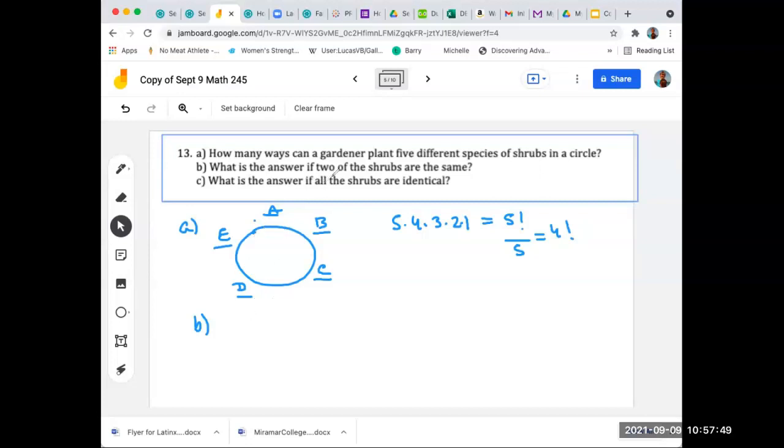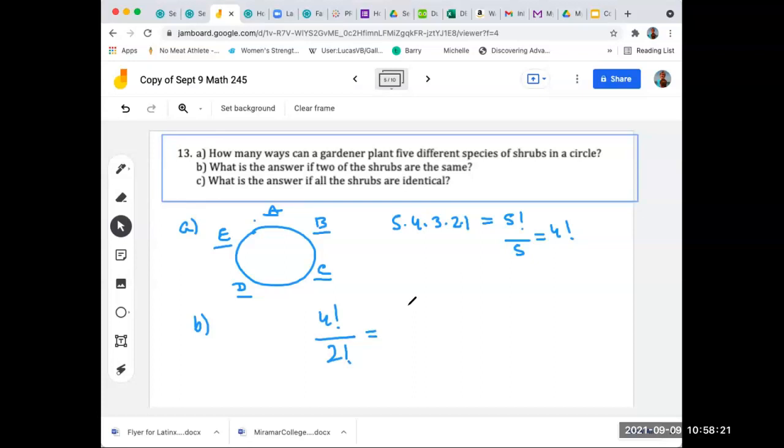All right, what's the answer if 2 of the shrubs are the same? If 2 of the shrubs are the same, you still get 4 factorial, but now because 2 of them are identical, you have to divide by 2 factorial, which is 2, because those instances are the same.